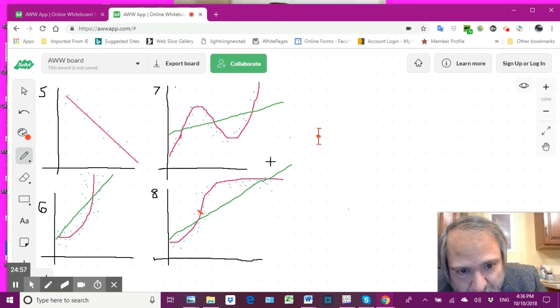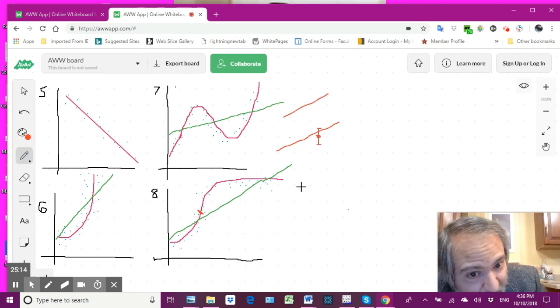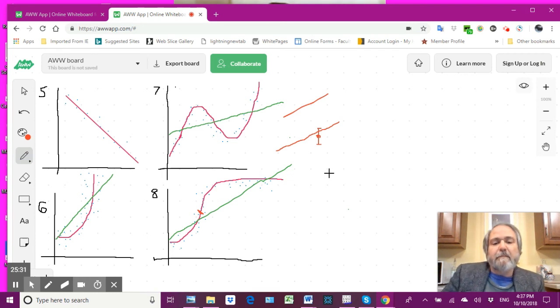And usually, the line should pass within the error bar. So you would expect to see the line come in something like that, or maybe down here. You wouldn't want to see it up here. Then you might have an outlier, and you can get rid of it. Usually each individual point will have its own error bar. Some might be taller, some might be shorter. But typically the regression curve, line or curve, will go in between the error flags.